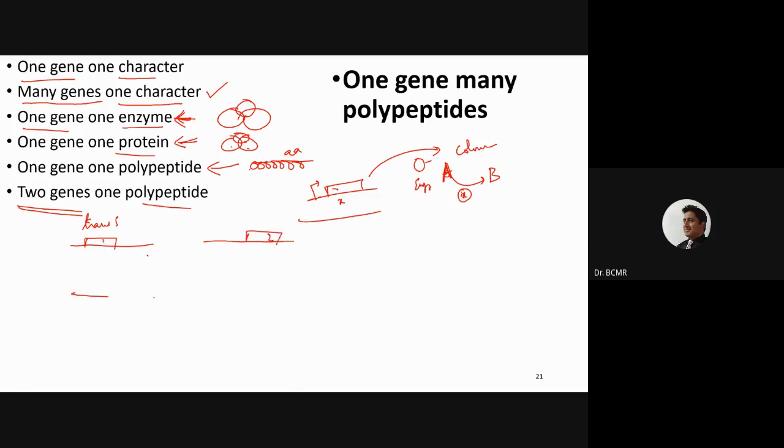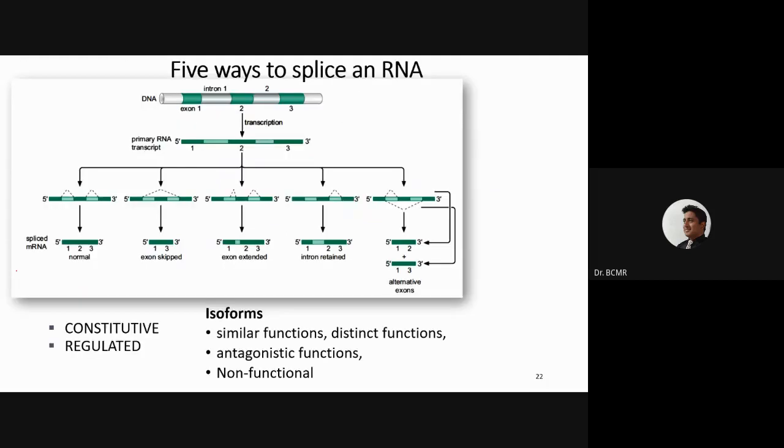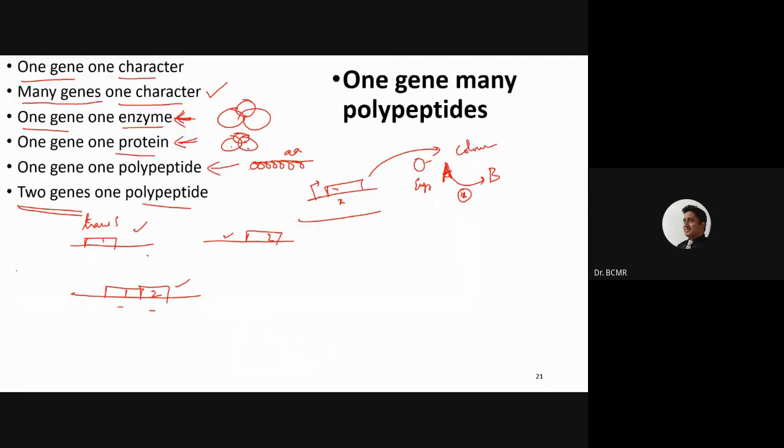Because of splicing, you produce a new mature mRNA with exon 1 and exon 2. So two genes give rise to one polypeptide. And not necessarily do all the genes produce proteins. Some produce only RNA.